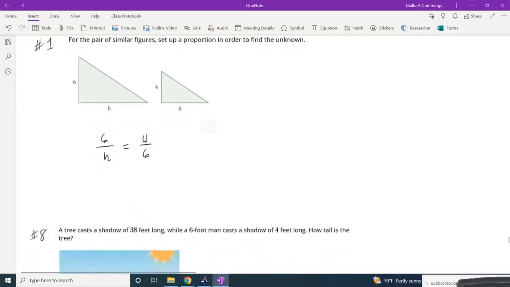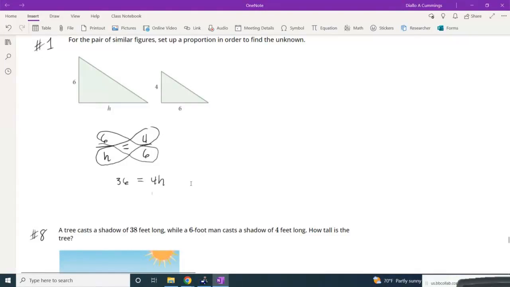So now I can cross multiply. I can cross multiply 6 times 6, which is 36. I can set that equal to H times 4, which is 4H. And now I can solve for H. The opposite of multiplying H by 4 is to divide by 4.